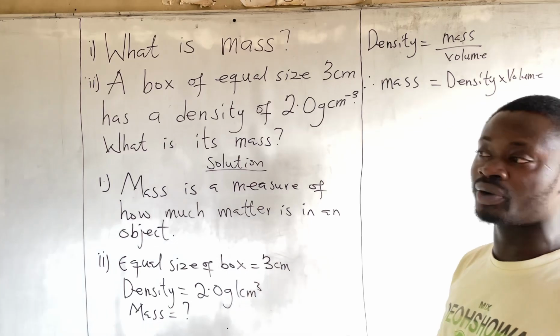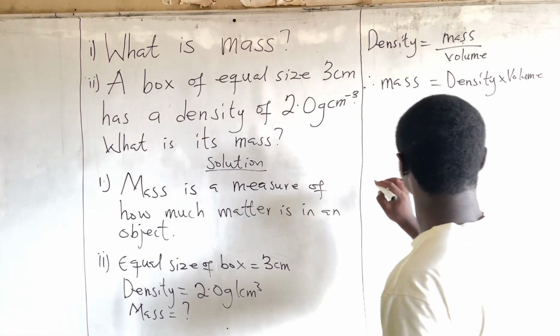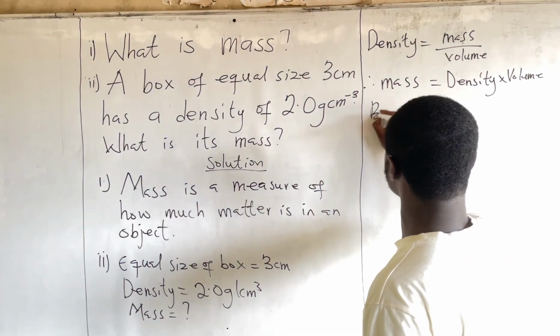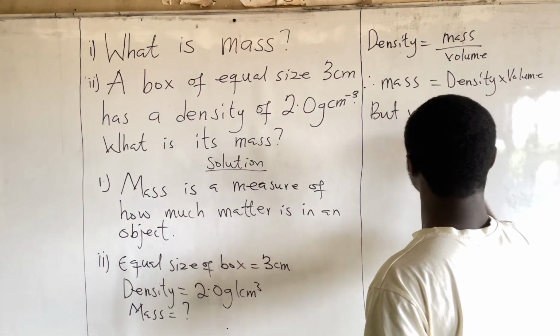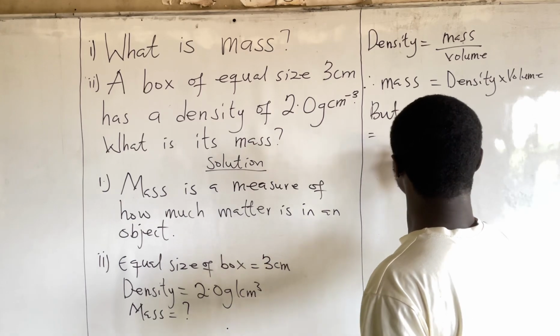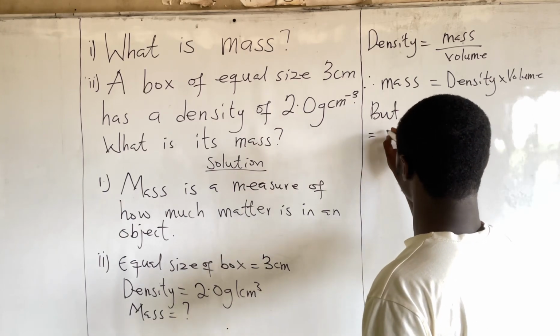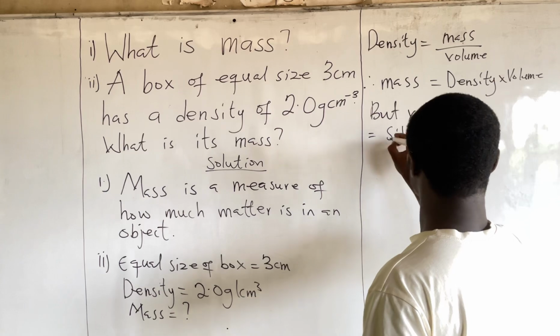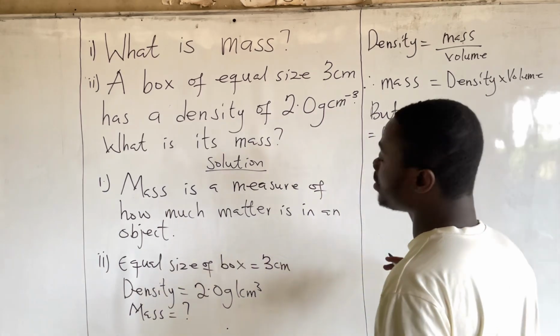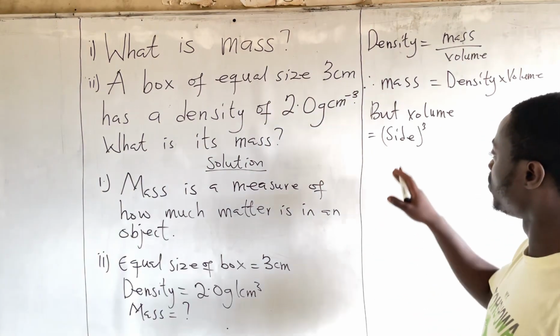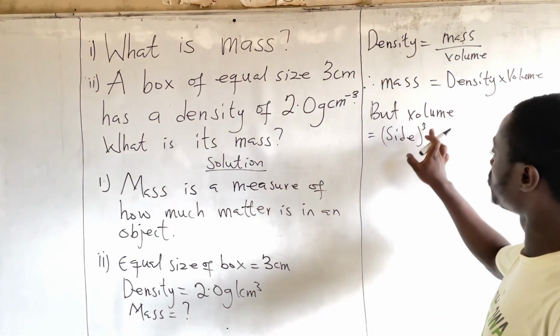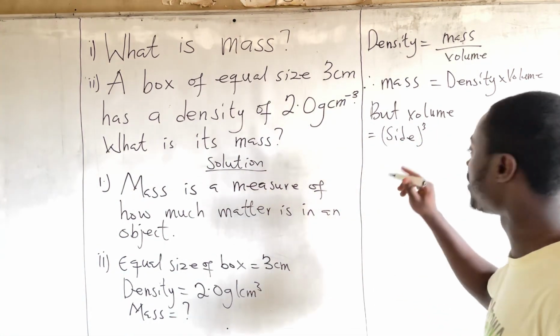And the formula for calculating the volume of a cube is, therefore we can say, volume will be equal to side to the power 3, because a cube has all its sides to be equal. So we raise one side to a power of 3 and find the total volume.